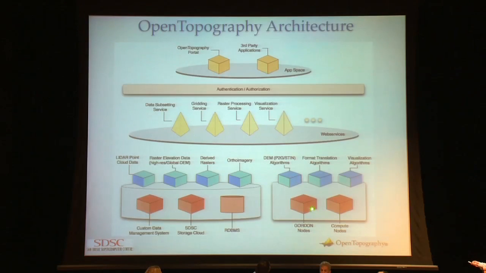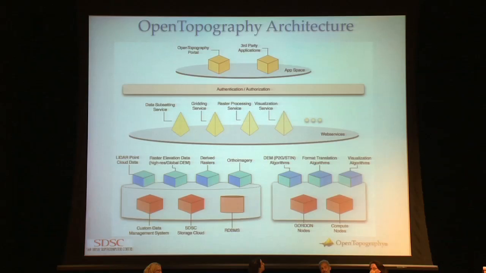On this side is the computing that goes on top of the data, and some of the computing exploits machines that we have here at SDSC, for example, the Gordon system. On top of these are services that are provided, so these are processing routines. Nowadays, we call this a cloud, because the data is out there somewhere with the processing. All you have to do is go through a web browser, invoke the computing, and get to the data products that you care about.